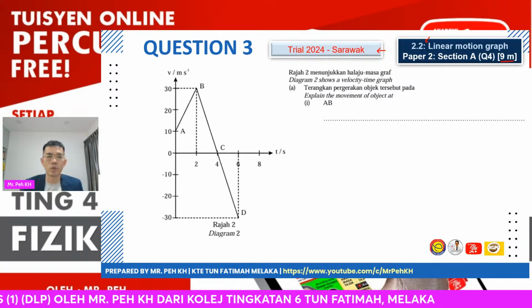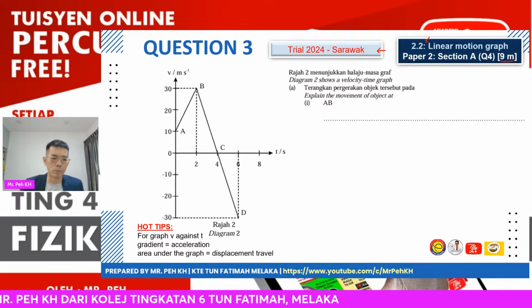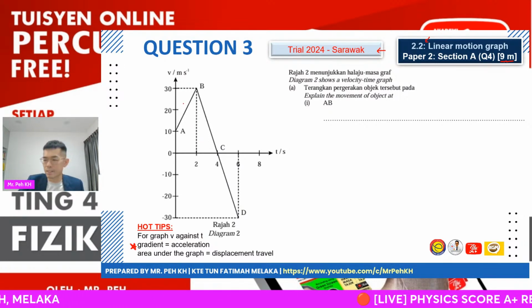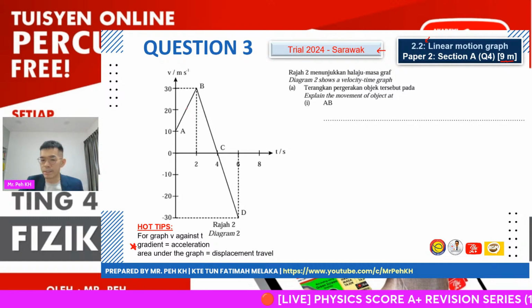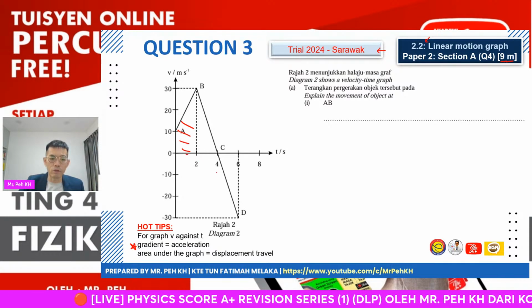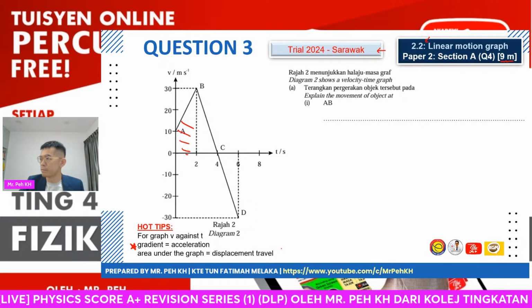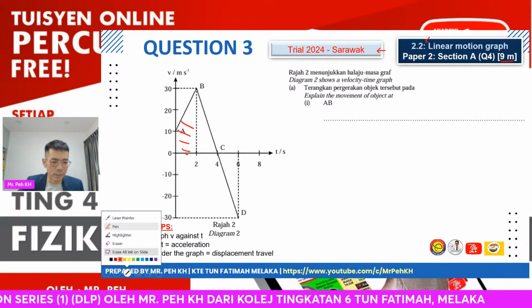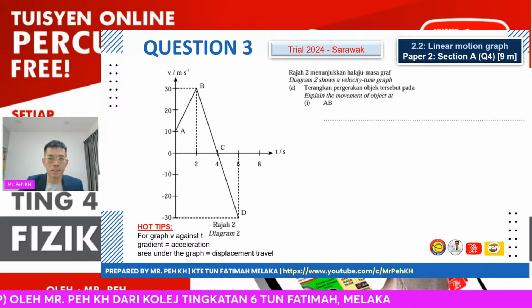The tips for a graph of v against t: the gradient of the graph represents the acceleration, and the area under the graph is the displacement travelled. This is what you must keep in your mind for this type of graph.